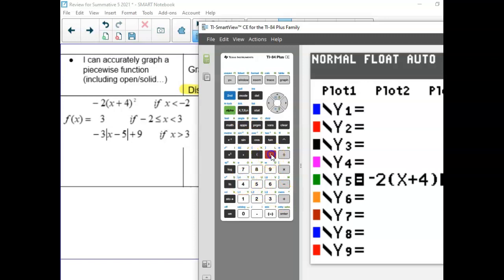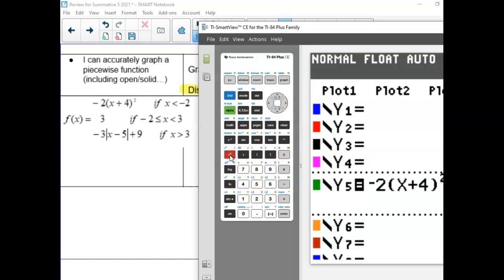Do you want to do them one at a time, guys? I think it's less confusing on the table, maybe, if you don't put them in all at once. If you put them all in at once, the table has a whole bunch of stuff on it.